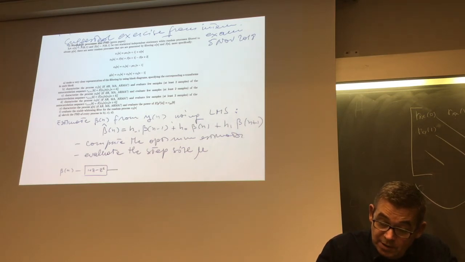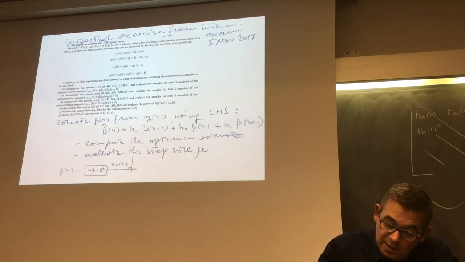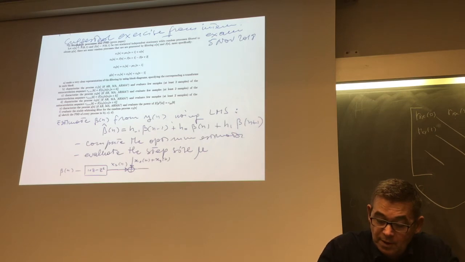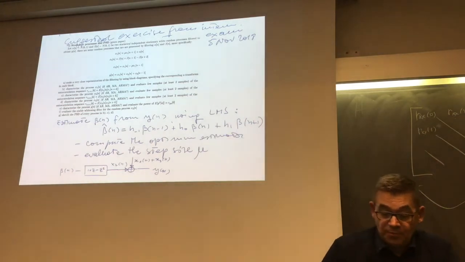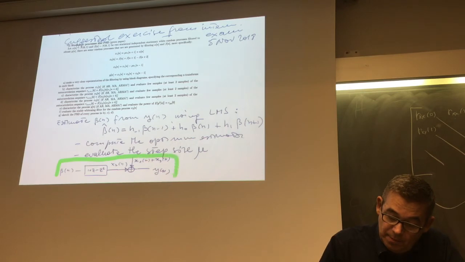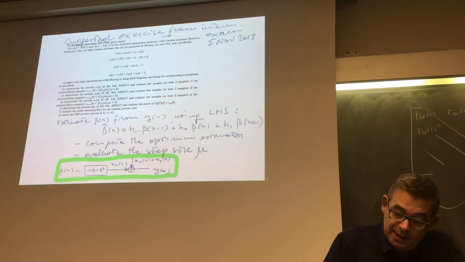Here I got x2. Now superimposed on that I sum x1_n plus x3_n. This is y. So, considering this new problem, I can estimate beta from y.